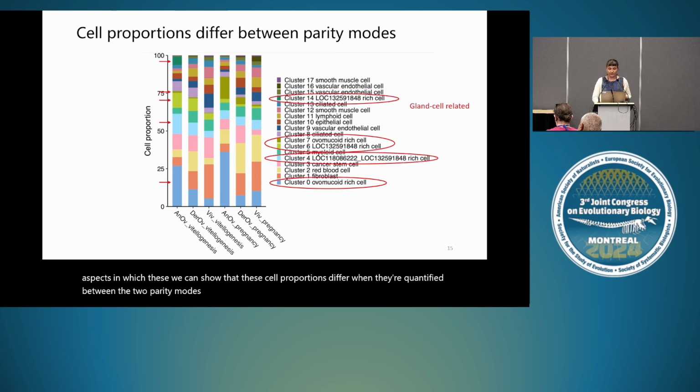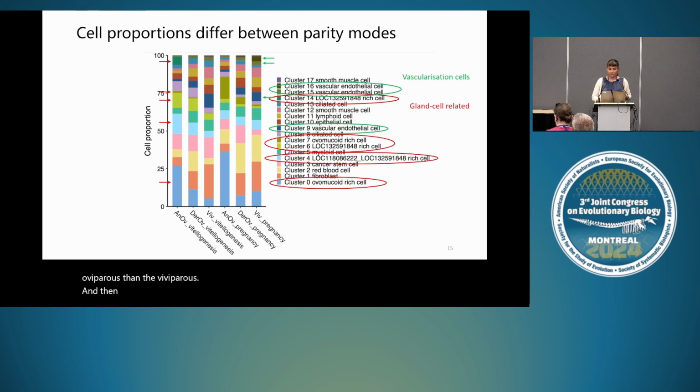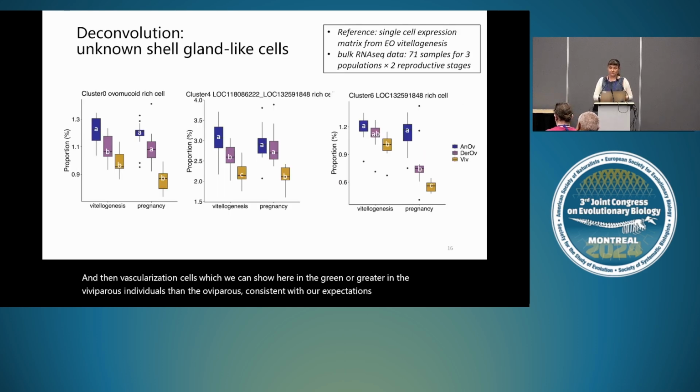So cell gland-related features, we can see these shown in red and with the arrows, and that these are greater in the oviparous than the viviparous. And then vascularization cells, which we can show here in the green, are greater in the viviparous individuals than the oviparous, consistent with our expectations from the development of this trait.